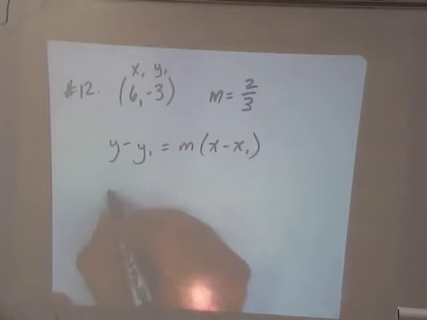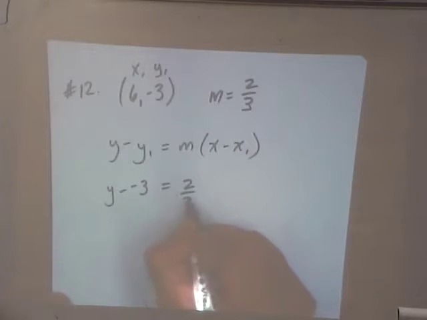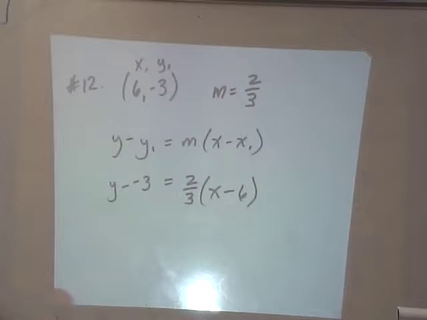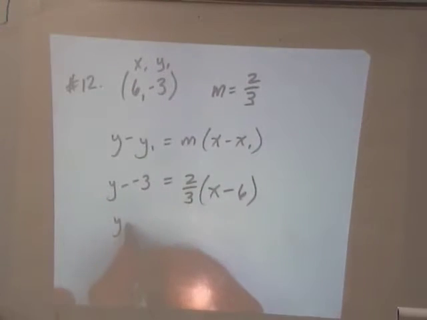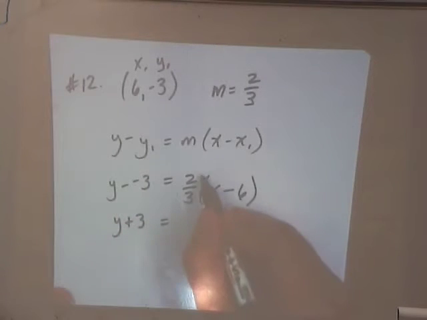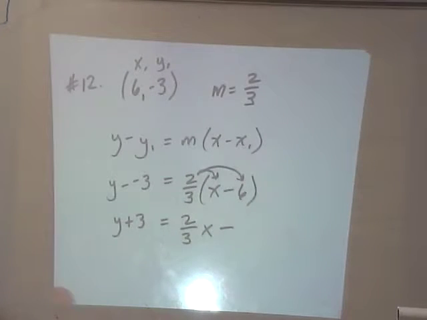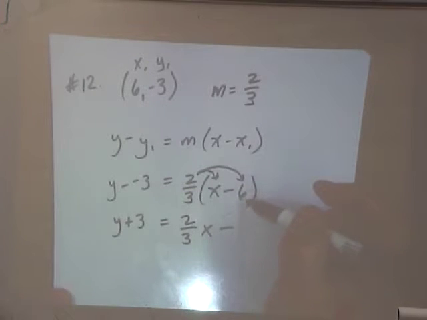So plug it in. So I get y minus negative 3 equals 2/3 times x minus 6. Minus a negative, what is that? Positive. So it'll be y plus 3. And then we'll do what with this 2/3? Distribute it. 2/3 x minus, what's 2 times 6? 12 divided by 3? 4.